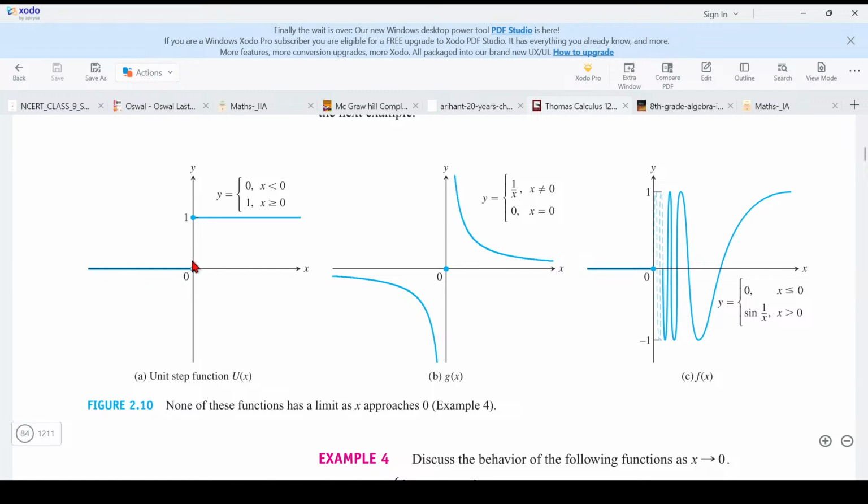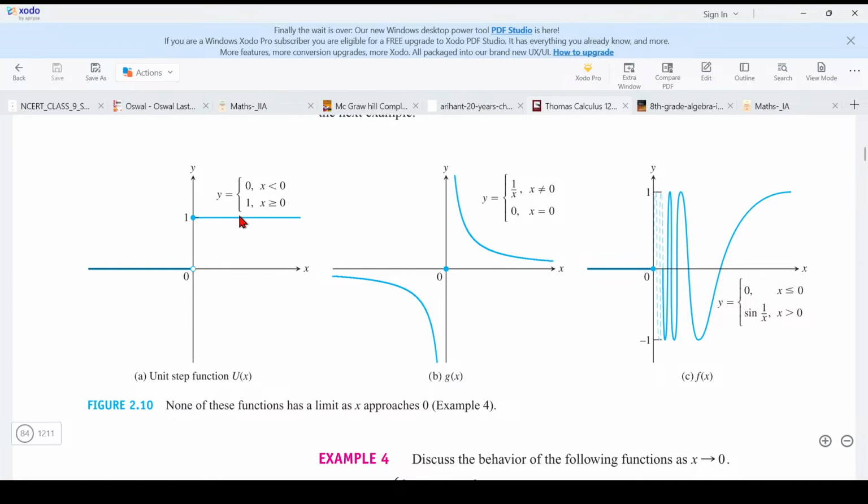The moment you cross 0, the value of the function is always 1. So we cannot say. At x equal to -5, the limit is 0. X equals -4, limit is 0. -2, limit is 0. X equals 2, 4, 10, limit is 1. But at x equal to 0, you cannot clearly say.